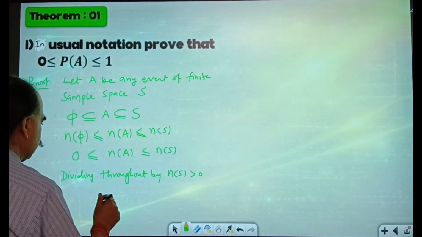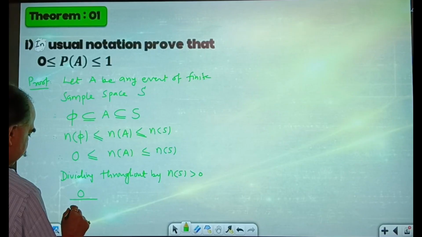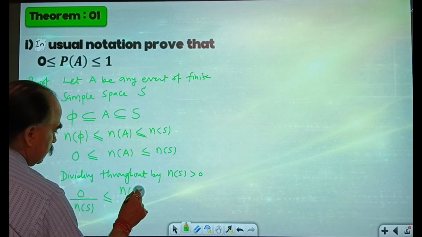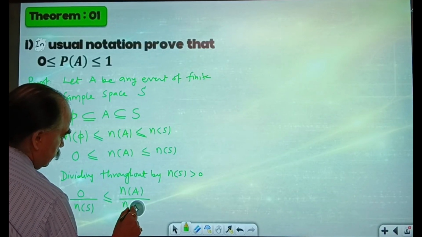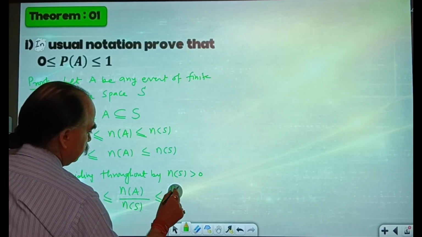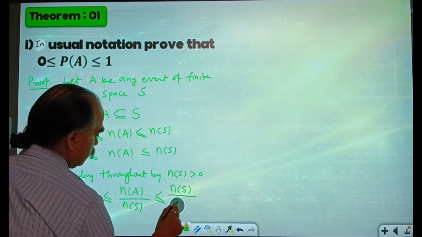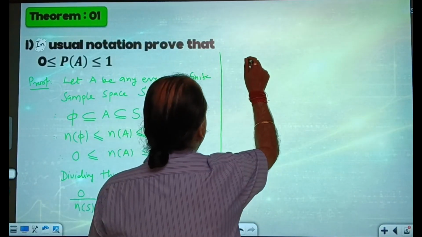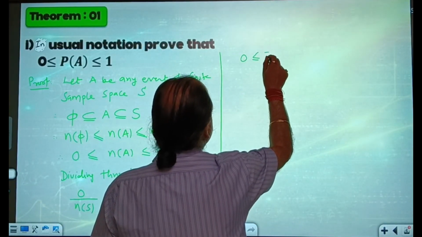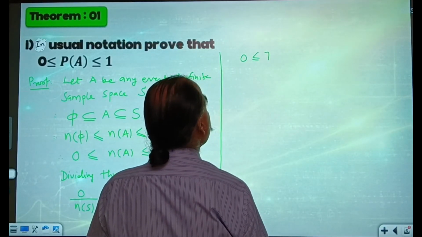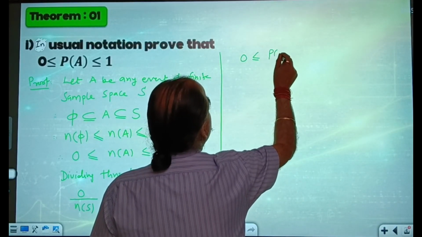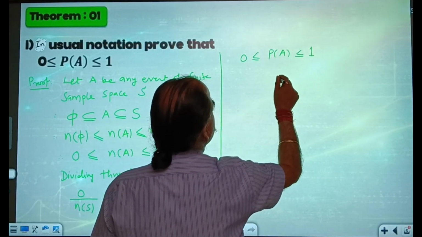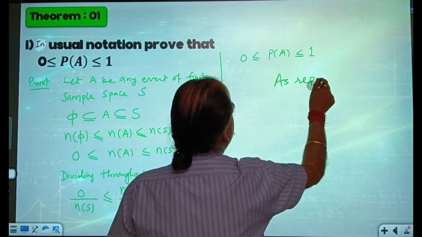So dividing by n(S) greater than 0, 0/n(S) ≤ n(A)/n(S) ≤ n(S)/n(S). 0/n(S) is 0, so 0 ≤ P(A) ≤ n(S)/n(S), which is 1, as required.